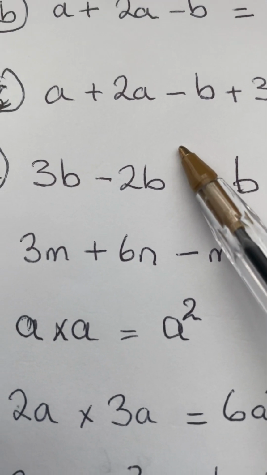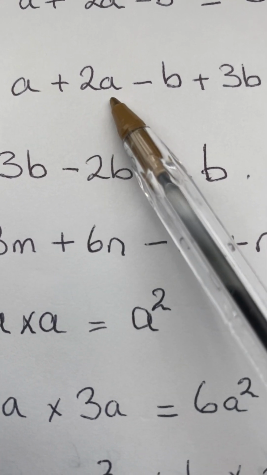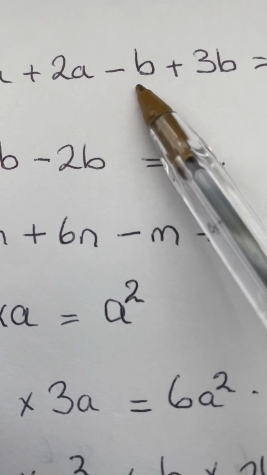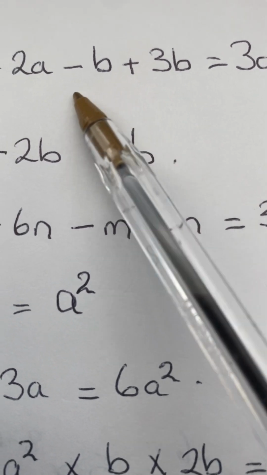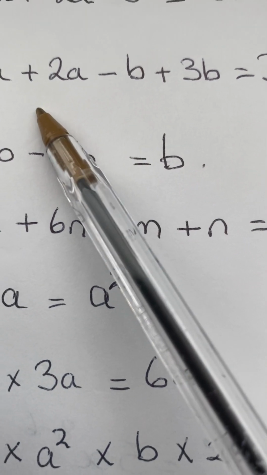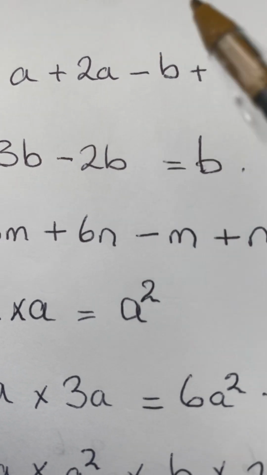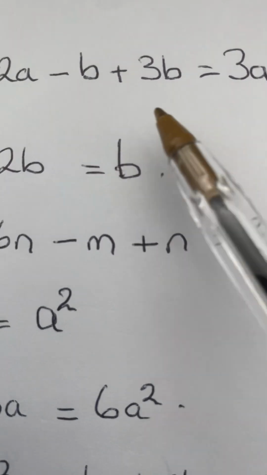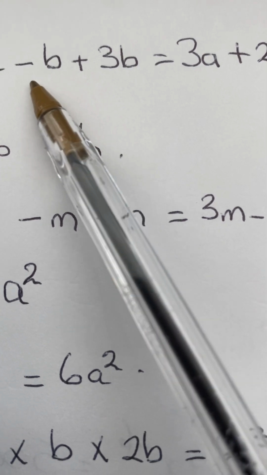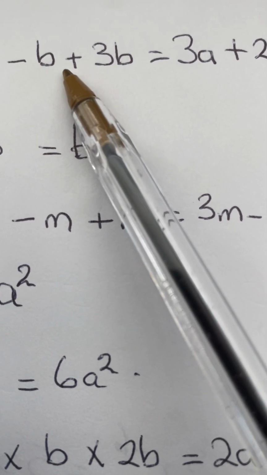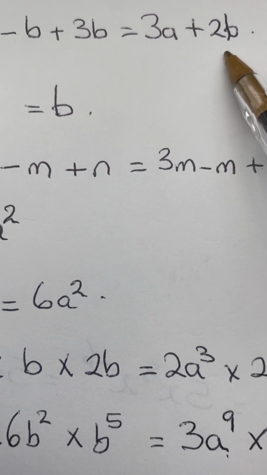Okay, the next one is a plus 2a, which we know is 3a. Now, minus b plus 3b. So here we put like terms together. So the a's together and the b's together. So a plus 2a will give us 3a. Minus b, add 3b. So minus b will be like minus 1b. Add 3b. So it's like minus 1 add 3. So we have 2b.